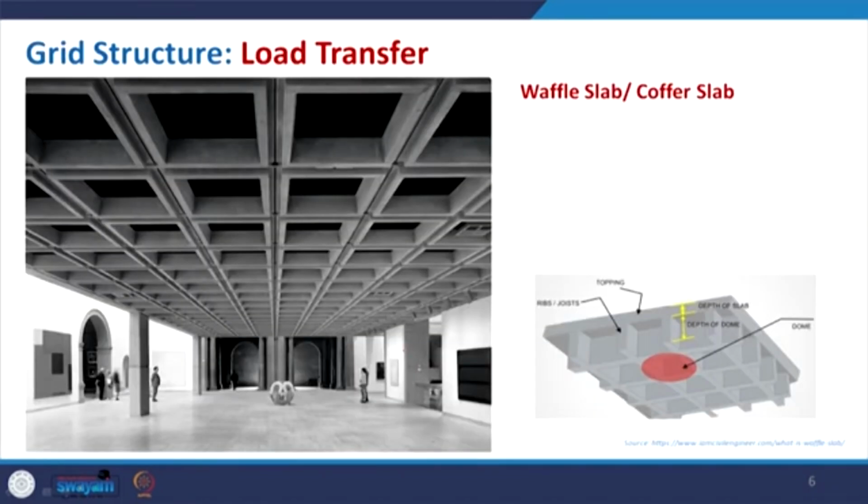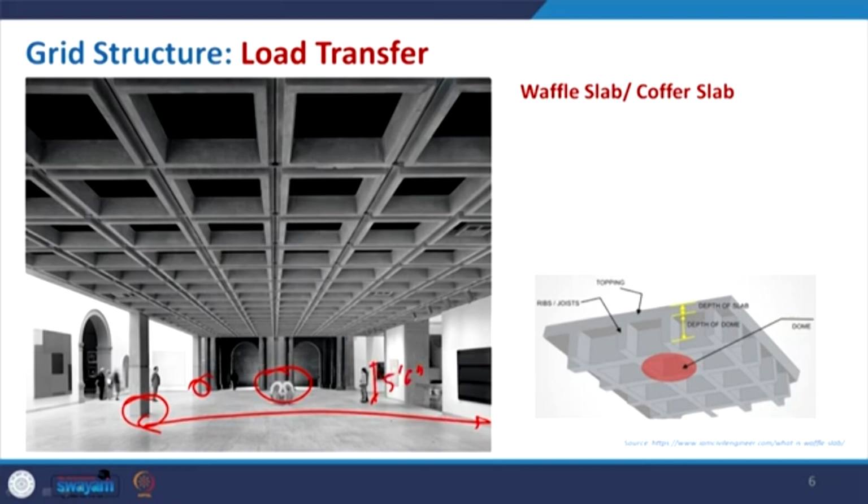Now, coming to the load transfer, how it will transfer the load, we have already seen with the schematic. This is an image where you can identify a column, there you get another one, and here at the end. So, this span is considered with the human scale of, say, maybe 5 feet 6 inches.